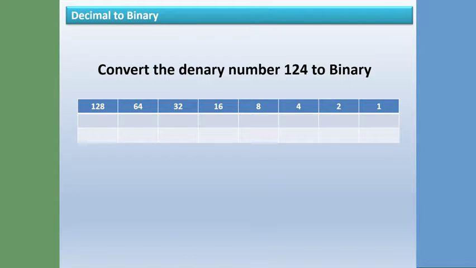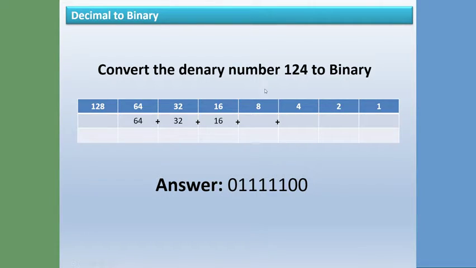The easiest method to calculate what our binary number would be is to work out which of the numbers in our number line will add up to 124. So in this example, 64, 32, 16, 8, 4 would give us 124.